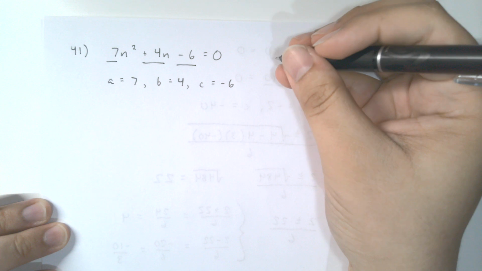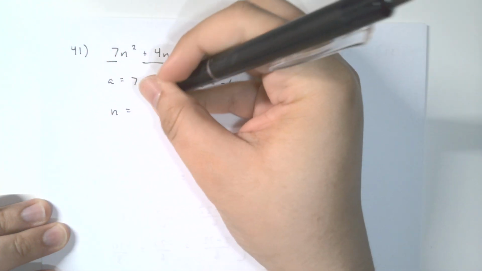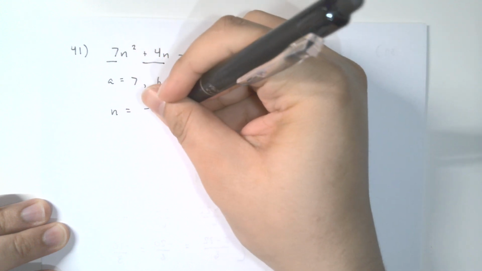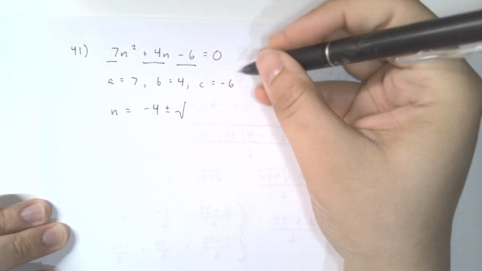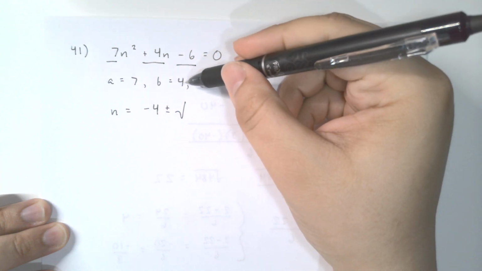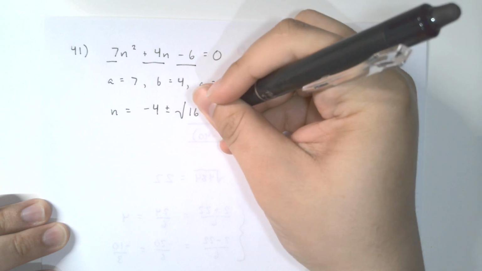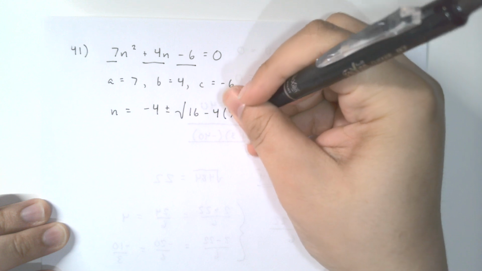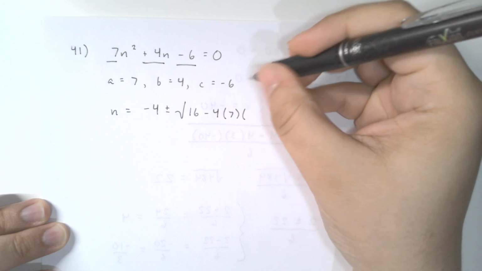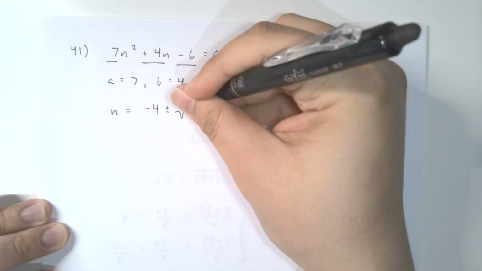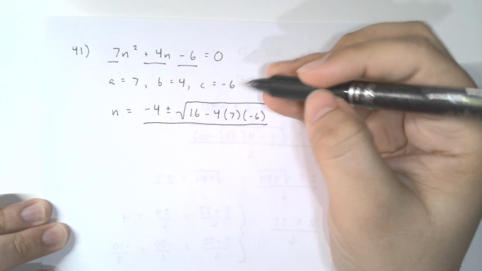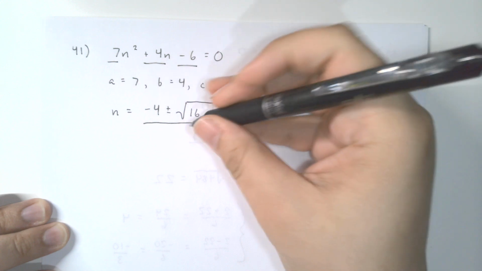So plugging into our quadratic formula, in this case our variable is n. So we have n is equal to negative b, so negative 4, plus or minus the square root of b squared, so 4 squared is 16, minus 4 times a, which is 7, times c, which is negative 6, all over 2a, so 2 times 7 is 14.